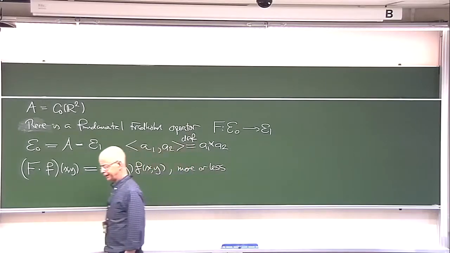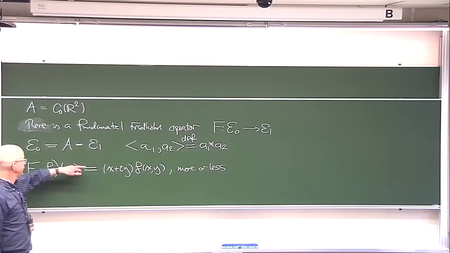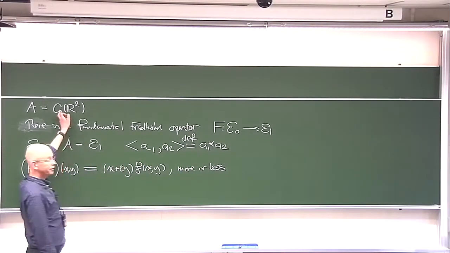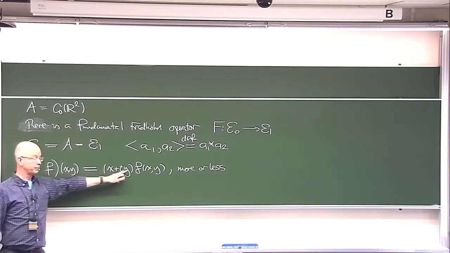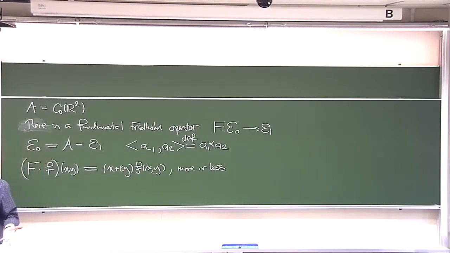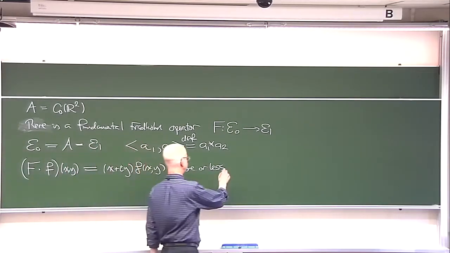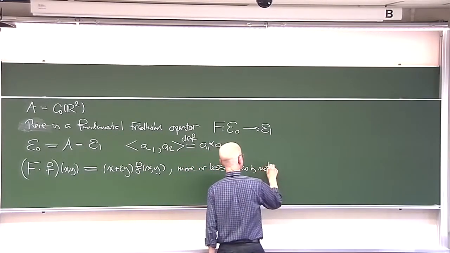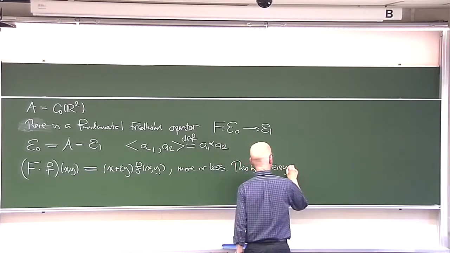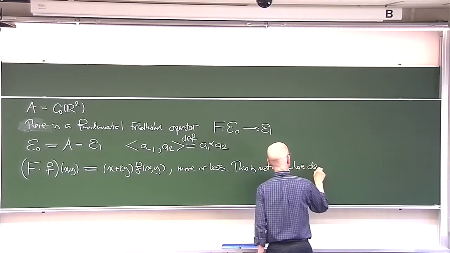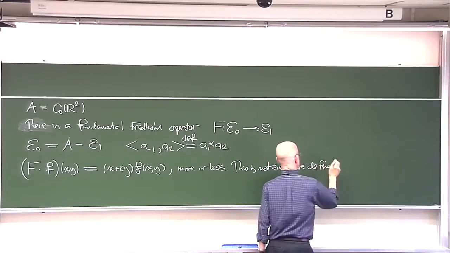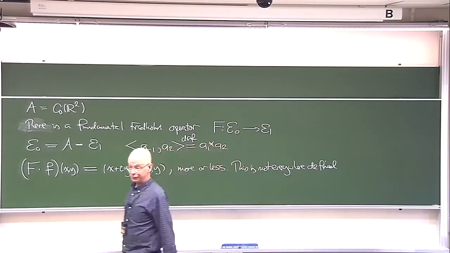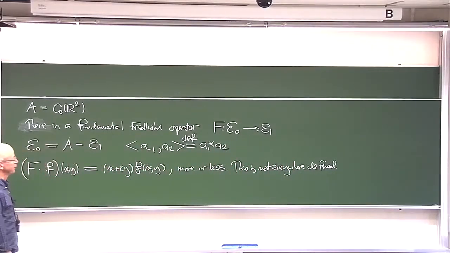There's a little detail here that you have to worry about, which is that if you have a function f which vanishes at infinity, and you multiply it by z, by x plus iy, it'll still be continuous, but it may no longer vanish at infinity. So this is unbounded, or if you like, not everywhere defined. And this we'll see several times, this problem of something which is not everywhere defined.